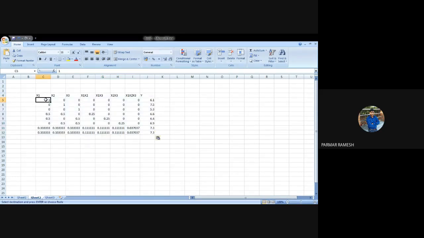Now, in a conventional design, we have the design like this: minus 1, 1, minus 1, 1. Now in the same design, I'm putting some response.